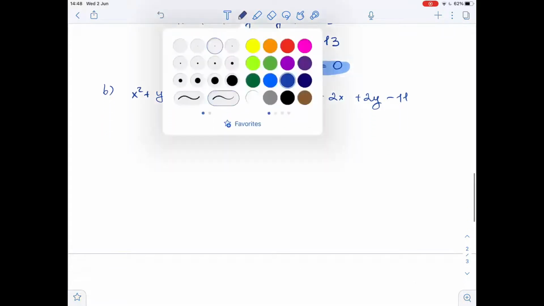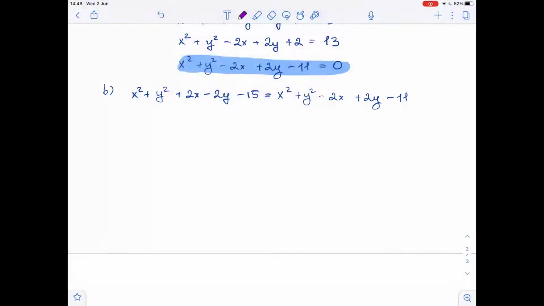First of all, we can subtract x^2 from both parts of our equation, so we will get rid of x^2. We can do the same thing with y^2, and we get that 2x - 2y - 15 is equal to -2x + 2y - 11. Now let's move our variables to one side of the equation and numbers to the other.